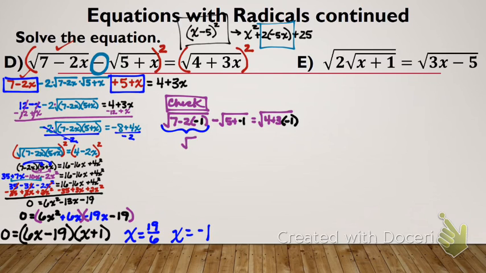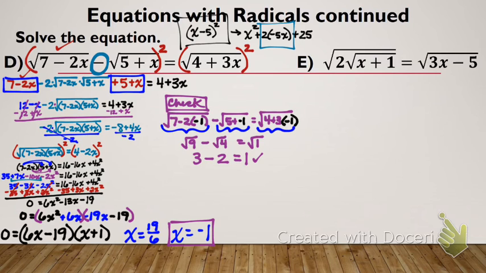Yep, square root of 9. What would I get right here? Yep, so minus the square root of 4 equals, what would this one simplify to? Square root of 1. So I have 3 minus 2 equals 1. Is that true? Yeah. Cool. I like that answer then. We can keep that one.